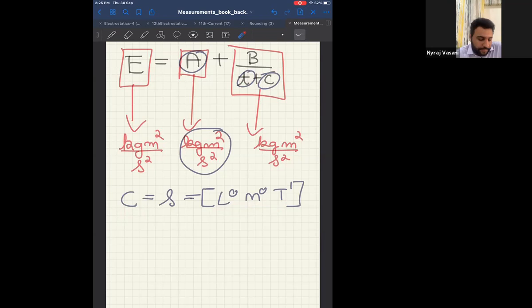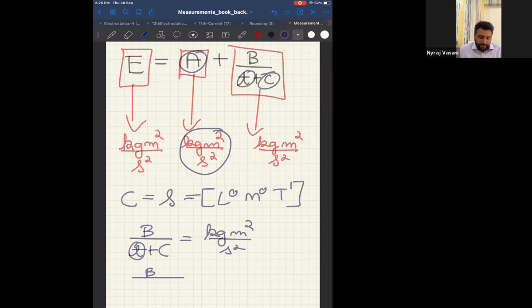Clear? Now, look at this. Can I write B divided by T plus C is equal to kg meter square per second square? What is the unit of time? Second. Plus, what is the unit of C? Second. What is second plus second?